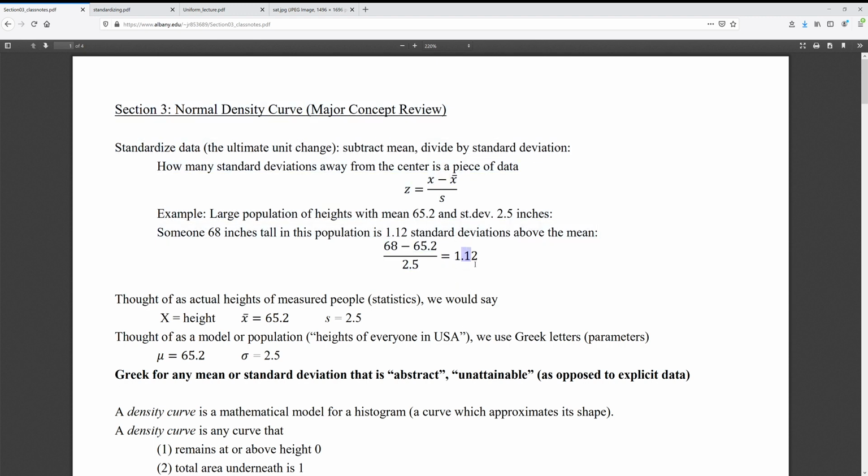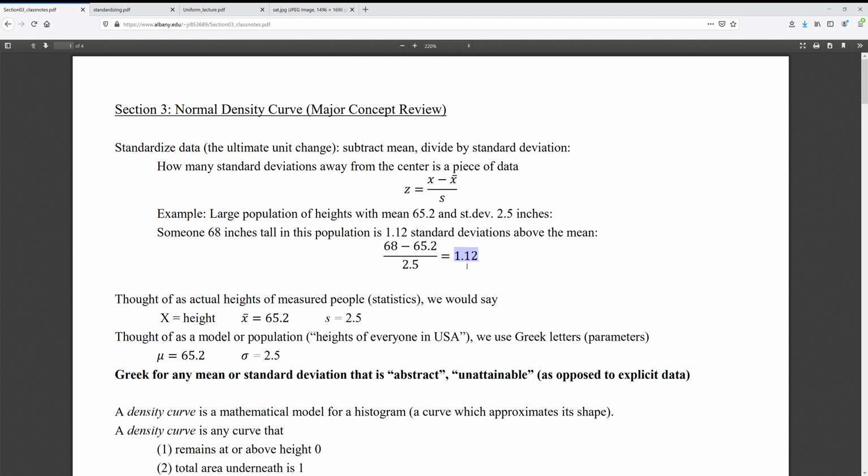So think about that. 1.12 times 2.5, and then add to that 65.2. That'll get you back to the 68. In other words, that's another way of thinking about the 68. The 68 is 1.12 multiples of 2.5 added on to 65.2, with the understanding that if this were negative, it would be subtracted from. I'll say that one more time. The 68 equals 1.12 multiples of 2.5 added on to 65.2.